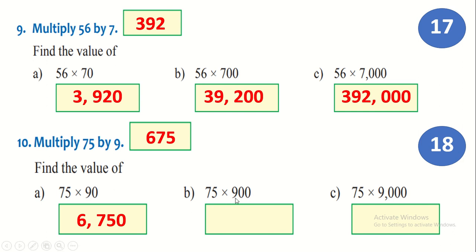And then for 75 times 900, we have here 75 times 9 is 675, plus 2 zeros becomes 67,500. The same here, we use this 675, and then you add 3 zeros for 9,000. The answer is 675,000.